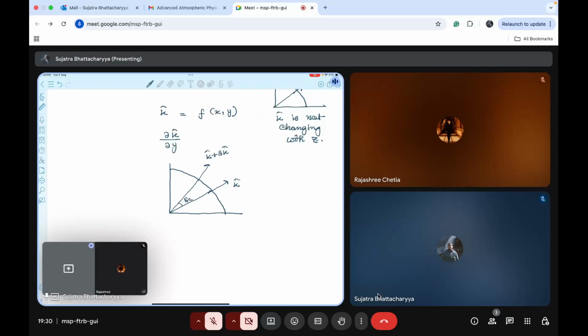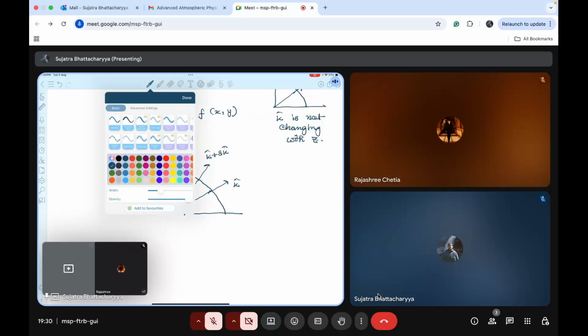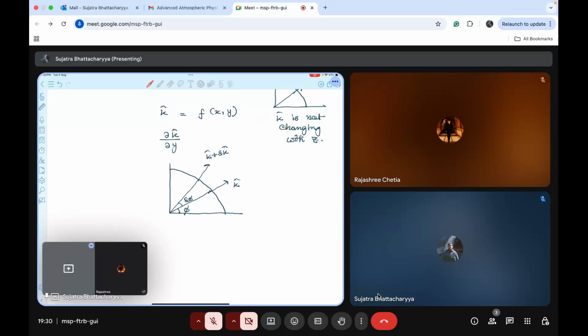This is your phi, this is your delta phi, and let's make this k hat come here. If you just look at it, this is the direction of the resultant, that is delta k hat.